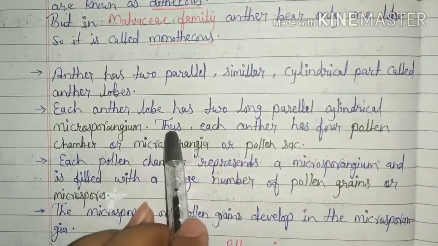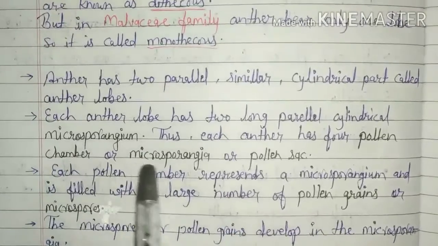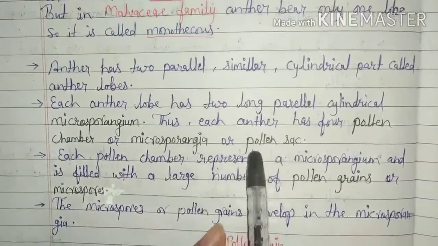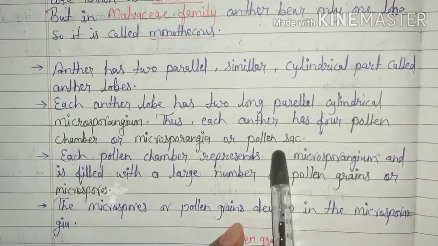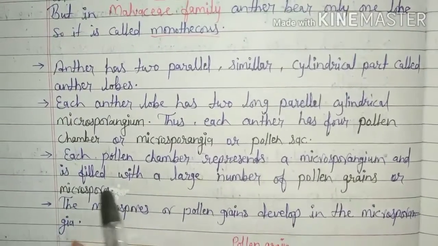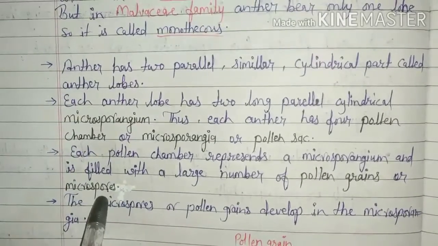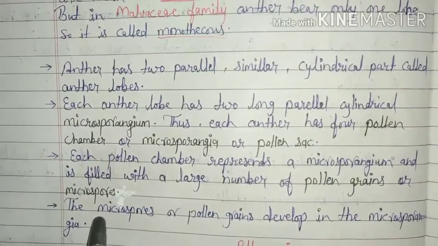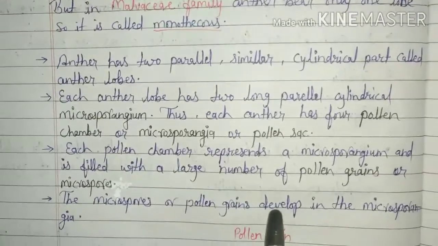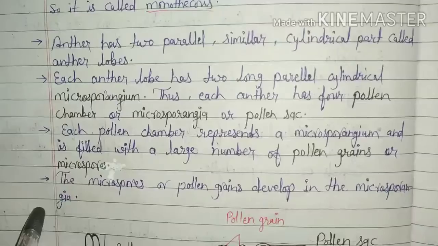Due to the presence of two lobes, each anther has 4 pollen chambers or 4 microsporangia or 4 pollen sacs. Each pollen chamber represents a microsporangium and is filled with a large number of pollen grains or microspores. So, the microspores or pollen grains develop in the microsporangia of the anther.